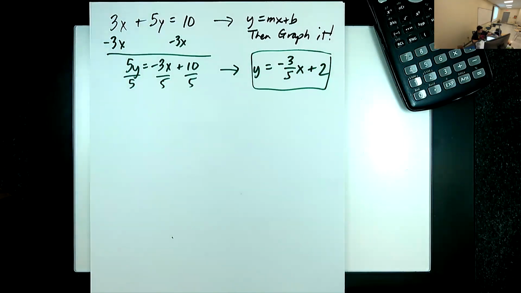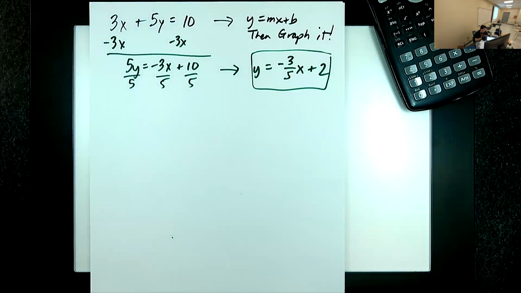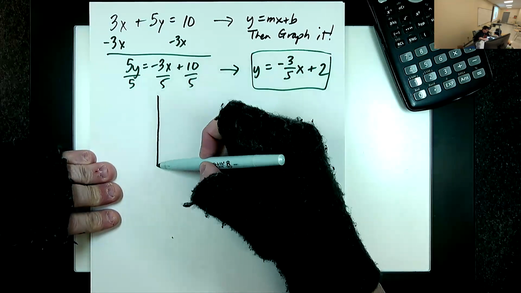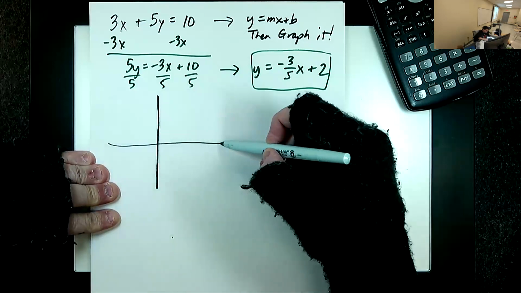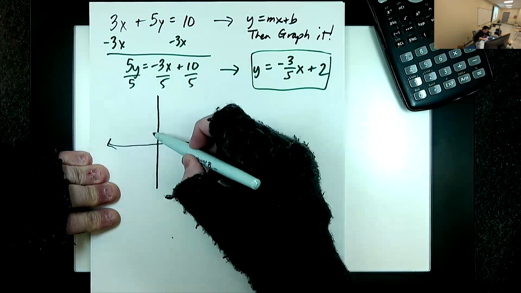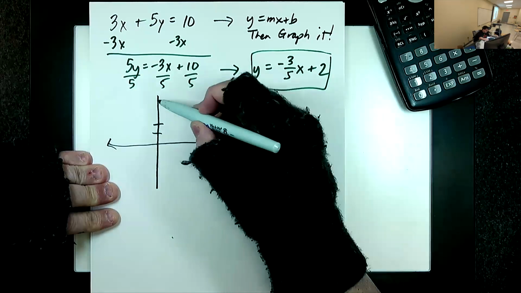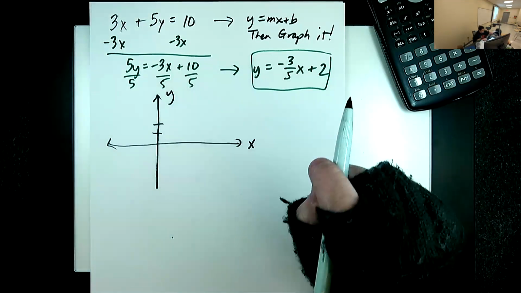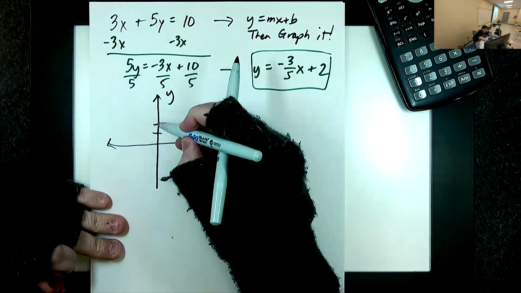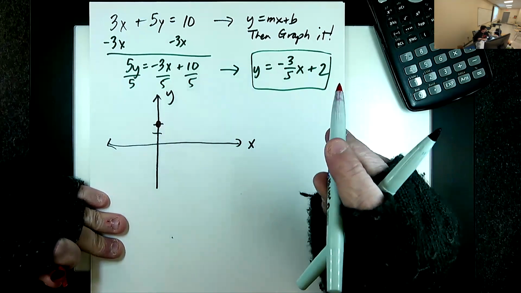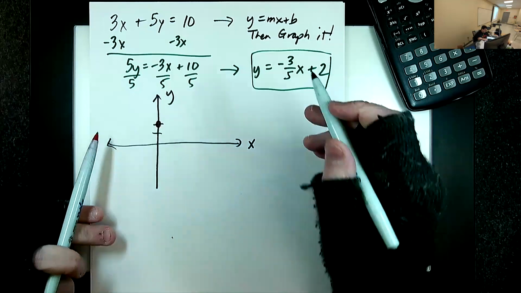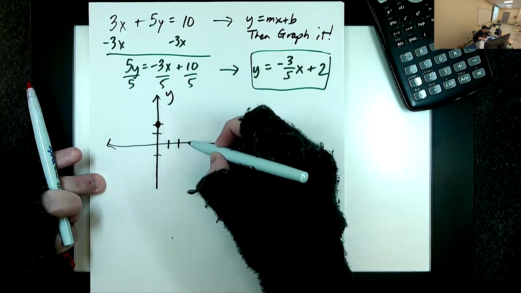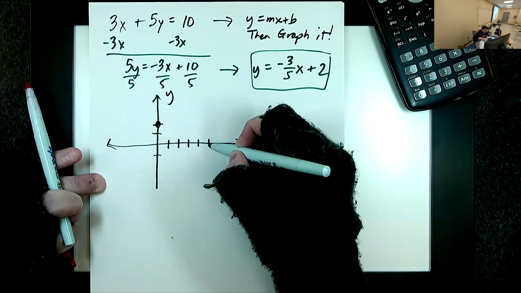And now, rather than plotting points and making a table, this tells me immediately I can go to (0, 2) and put a point. Then I go a rise of negative 3, which is down 3, and a run of 5.